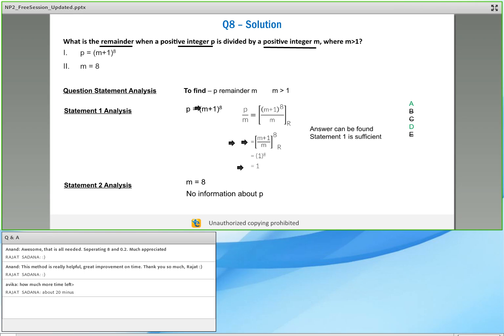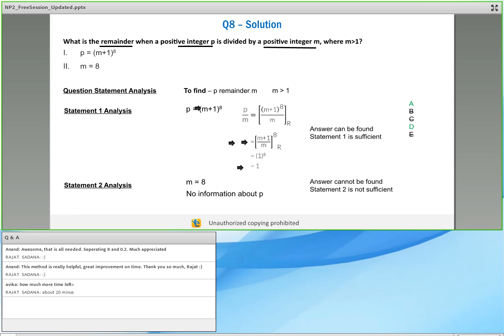No, because we don't know what p is. Hence, because there's no information about p, we can say that statement 2 is not sufficient. Again, fairly simple question. We just use the same concept that we used in the prior question.